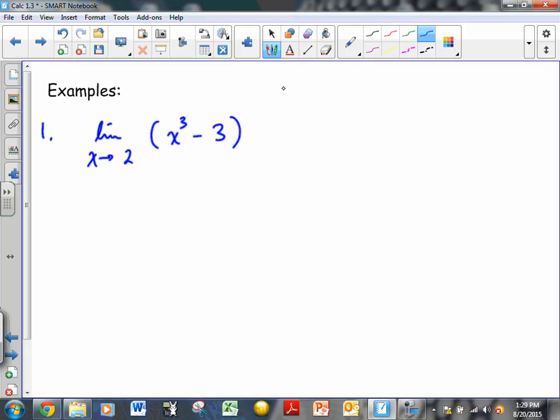First thing you always want to try is direct substitution, because most of the time, that's going to work for us. What does that mean? Well, x is approaching 2. So again, a limit is just our expected y value, the expected value of this function at that point.